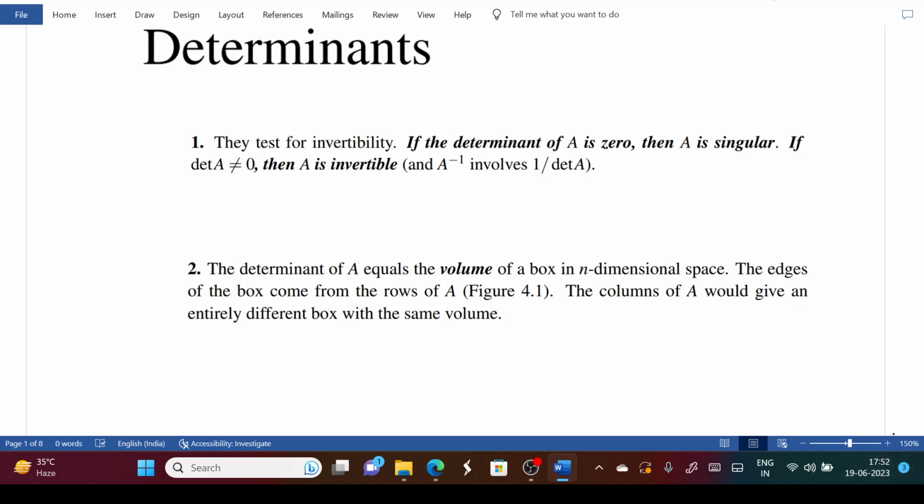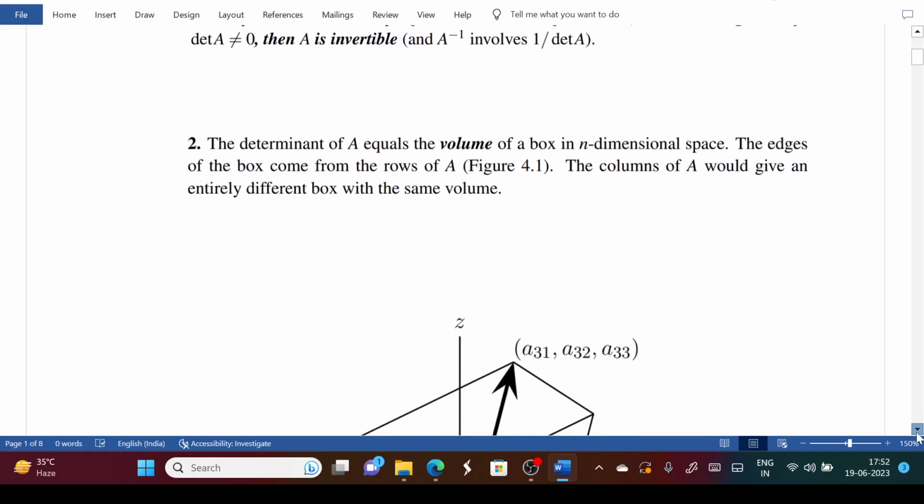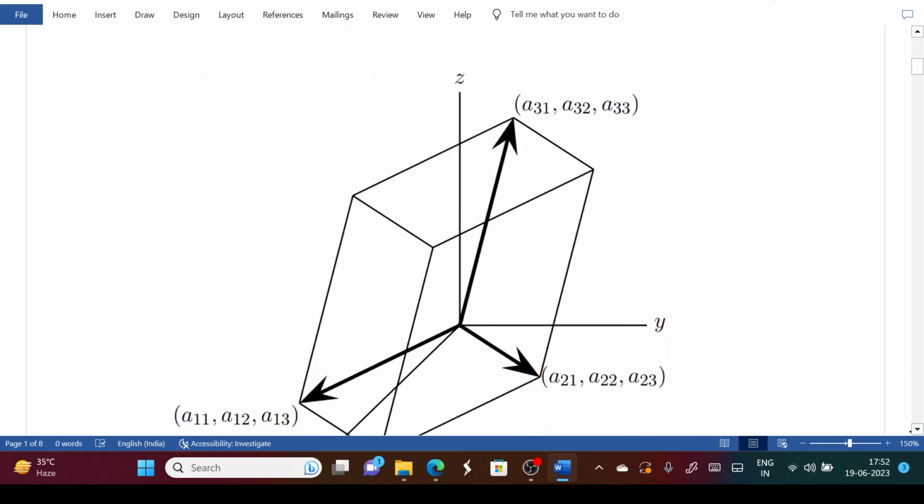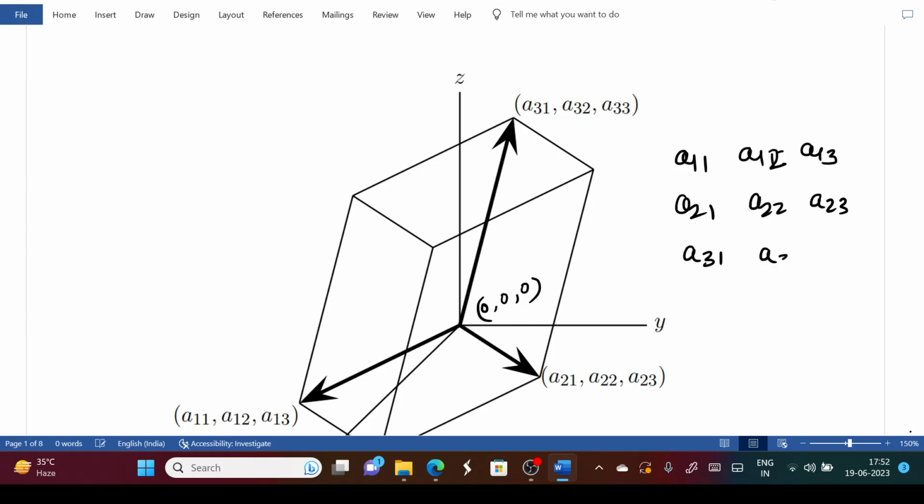Let us consider a parallelepiped having this structure, where this point is our origin, and this is one point, this is another point, and this is another point. Then the volume of the parallelepiped is the determinant of the matrix with rows A11, A12, A13, A21, A22, A23, A31, A32, A33.